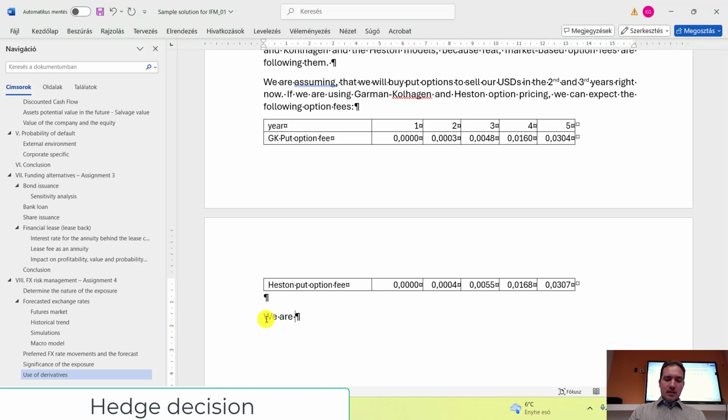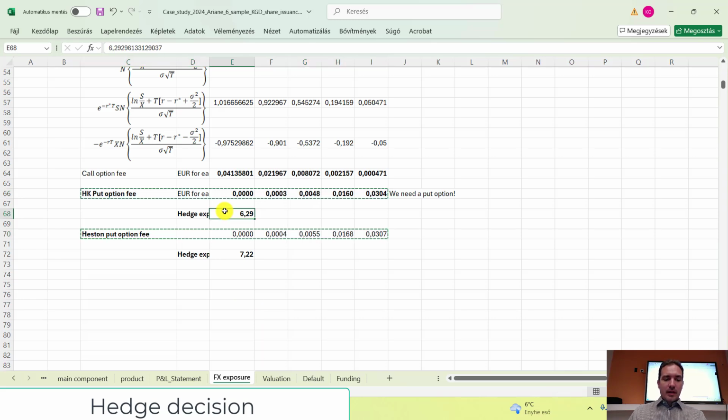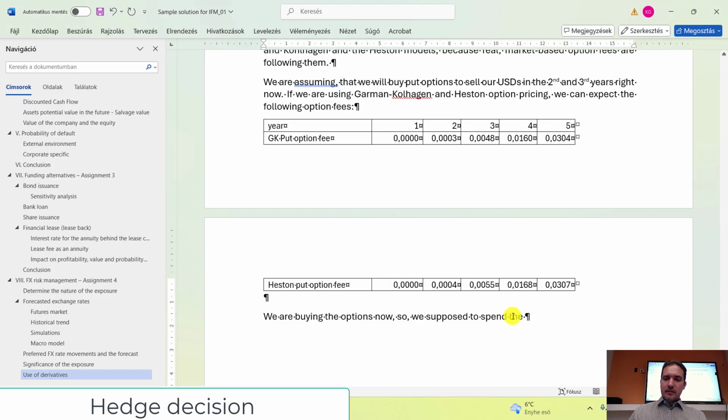We are buying options now. So we are supposed to spend between 6 point and 7.22 million euros for hedging the first year.